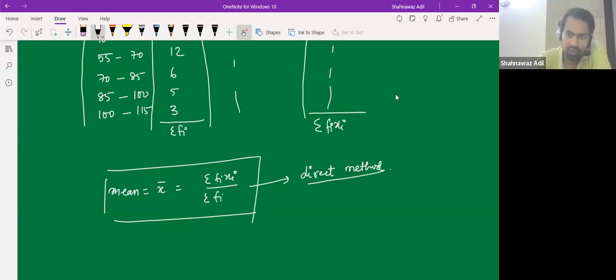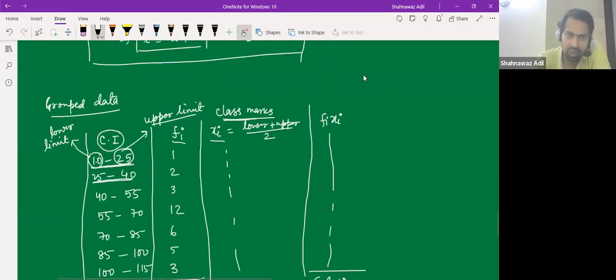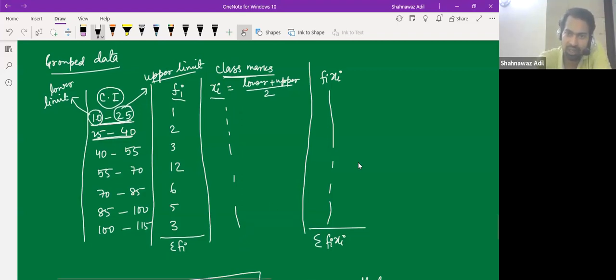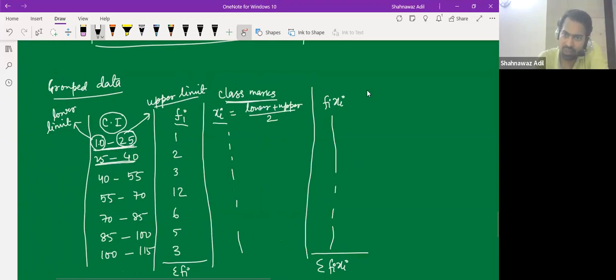We will do an example and then it would be clear to you guys. Similarly, we had another method. Let's say that these class intervals are large and we have large values of xi. So what we do is that we calculate a deviation, which is di.